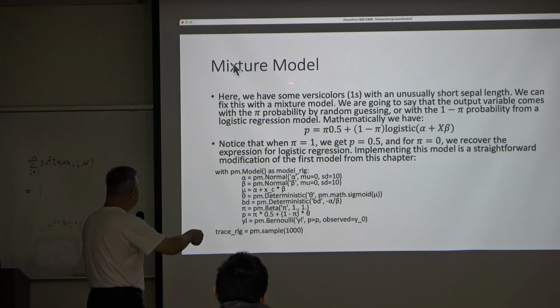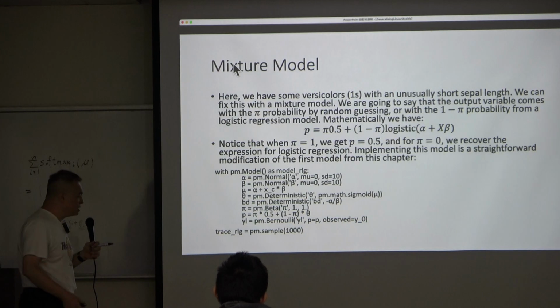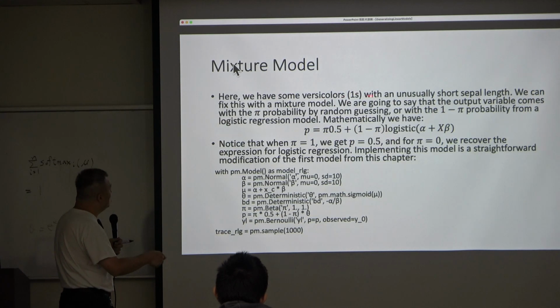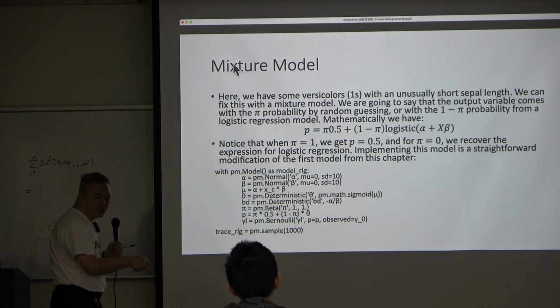So we can fix this with a mixture model. The concept is just like a zip. We are going to say that the output variable comes with the pi probability of random guessing, or with the 1 minus pi probability from a logistic regression model. Mathematically, we have p equal to 0.5 times pi plus, this is the random guess.